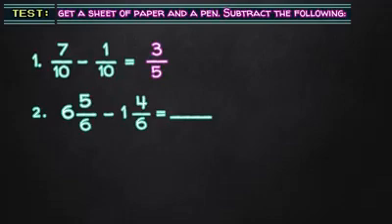What is the answer? Very good. The answer is 5 and 1/6.